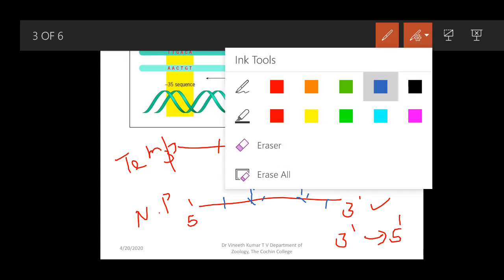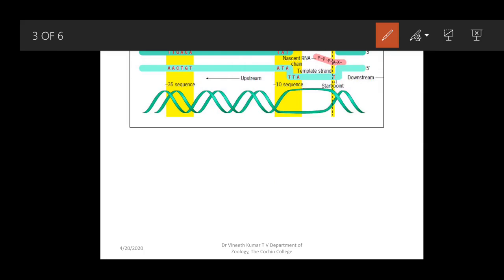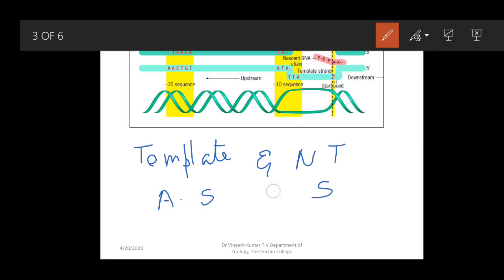So coming to the new terminology, we have defined a template strand and a non-template strand. After that, we define the template as an antisense strand, and this is the sense strand, because this sequence is similar to that of the mRNA.